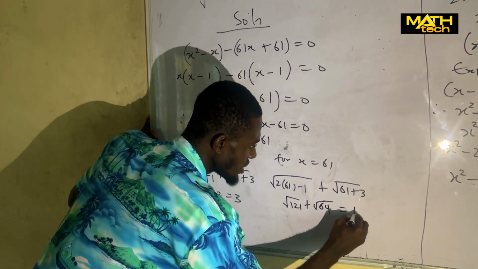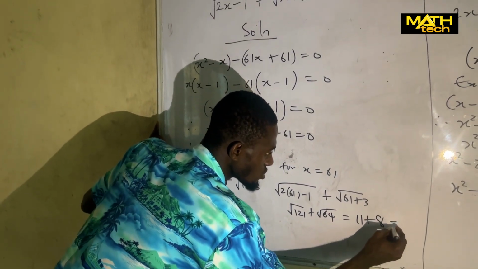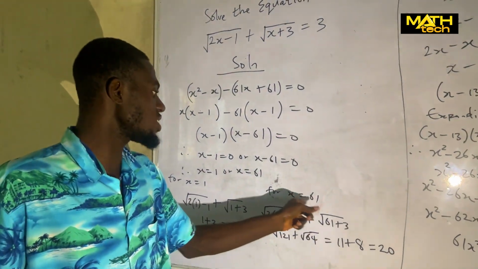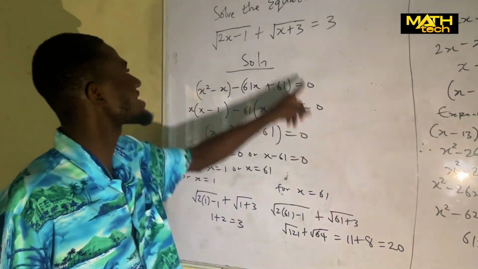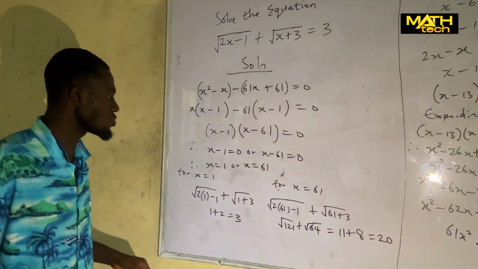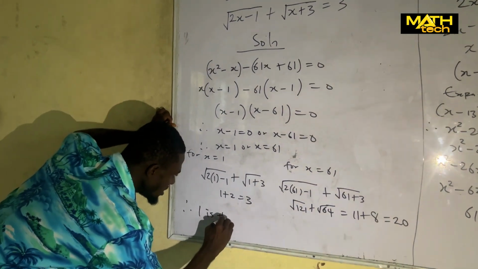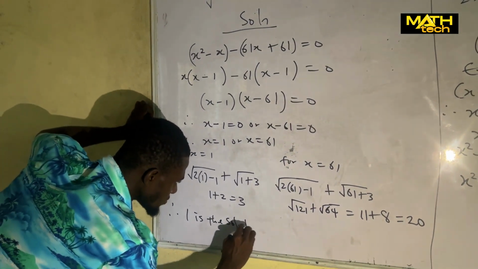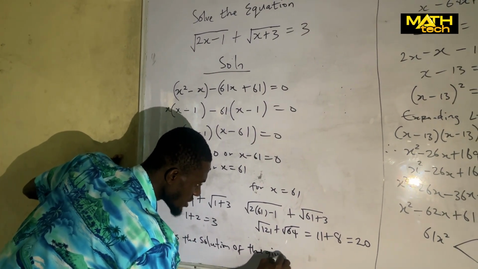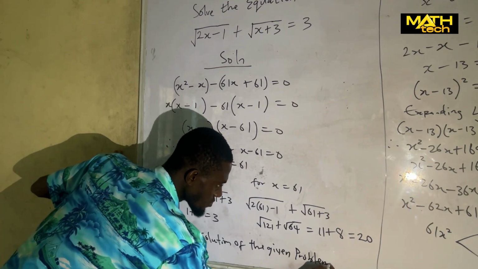And this will be equal to 11 plus 8. And this will give us 19. So now we see that for x equal to 61, the left hand side is not equal to the right hand side. But for x equal to 1, the left hand side is equal to the right hand side. So we say therefore 1 is the solution of the given problem. So that's it.